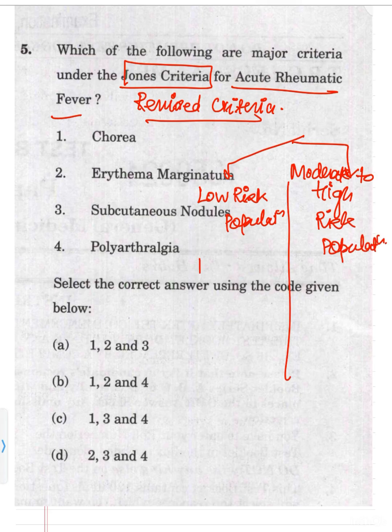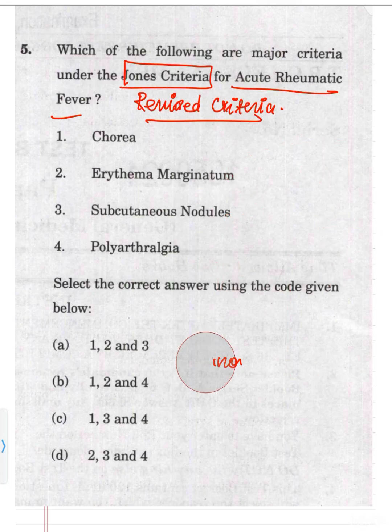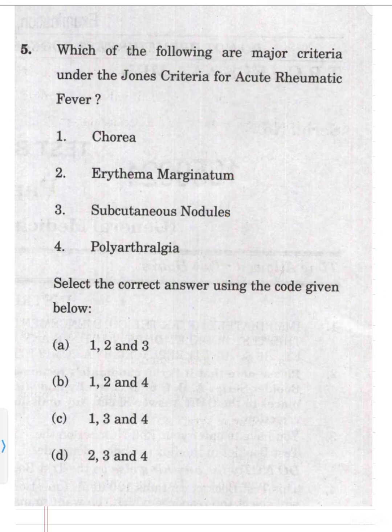In each there is a major criteria and a minor criteria. Because nothing is given in this question, we will consider it to be the low risk, general population only, not the moderate to high risk population. So this is in the revised Jones criteria.